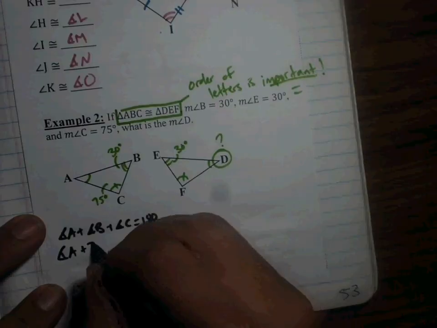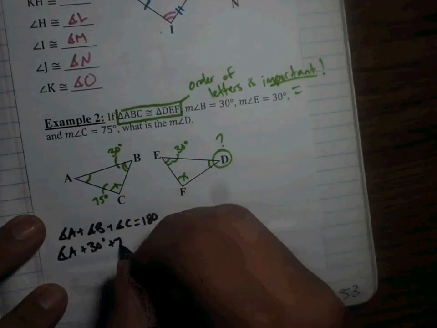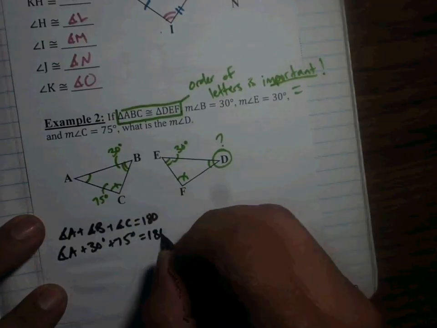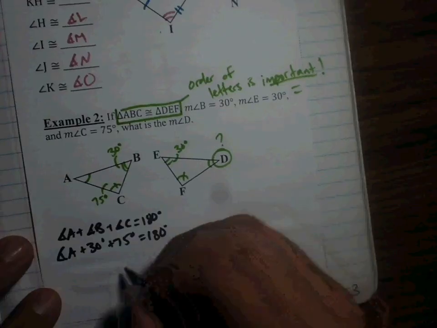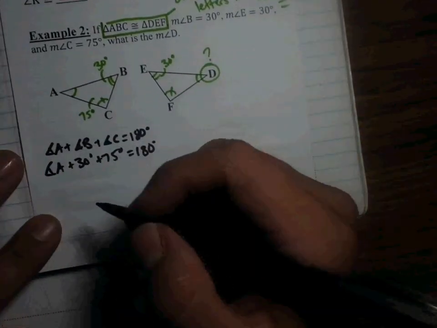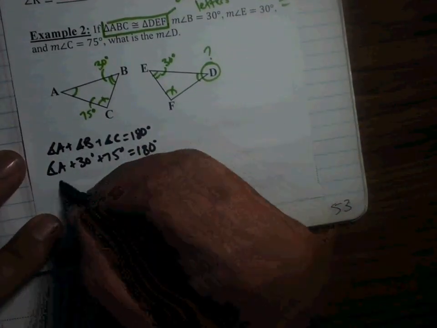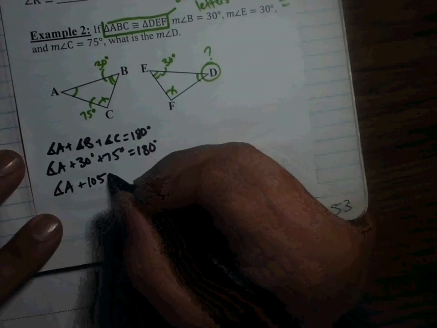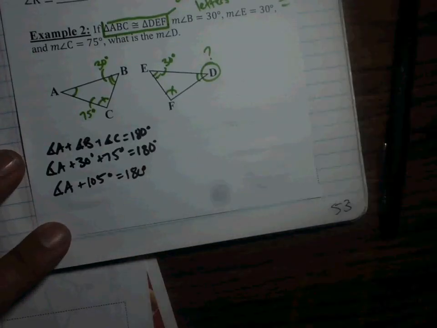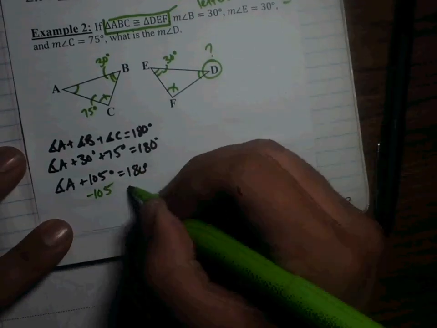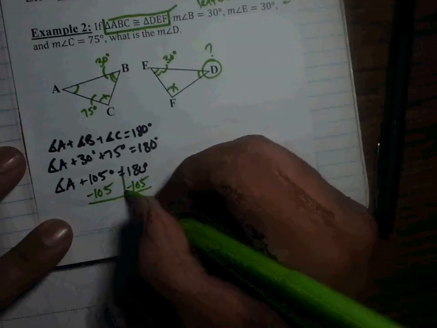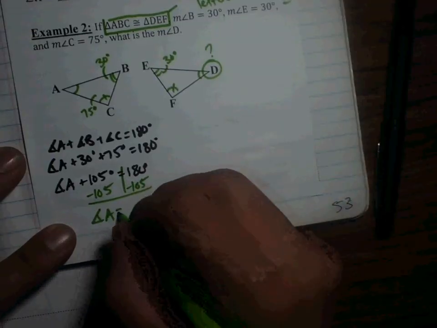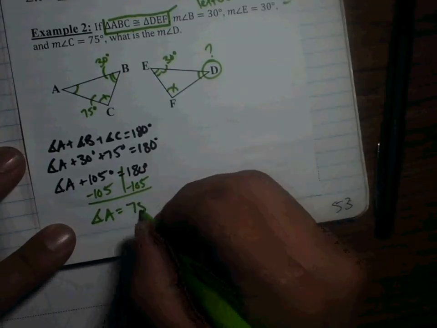We know that B is 30. We know C is 75. And again, because it's a triangle, it adds up to 180. This makes it straightforward. So when you add these two, you get 105. A plus 105 is equal to 180, so you just subtract 105 from both sides. So you'll get angle A is equal to 75 degrees.